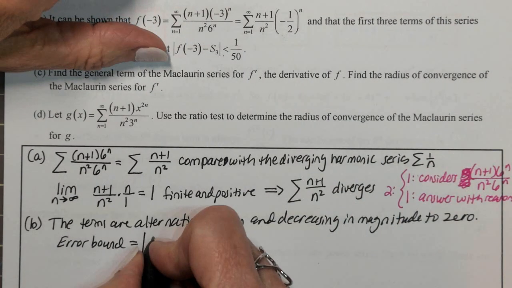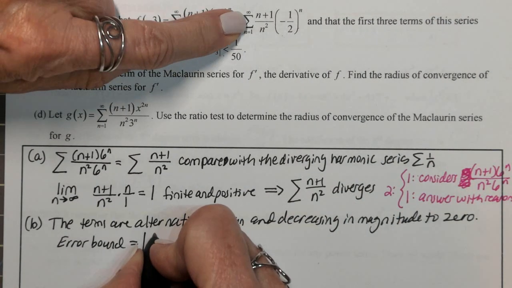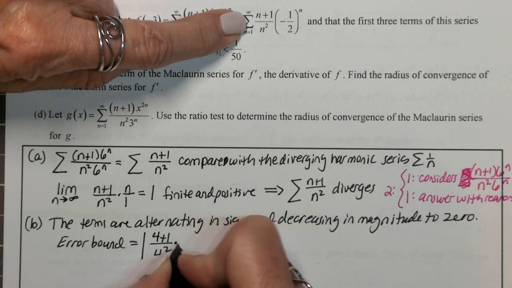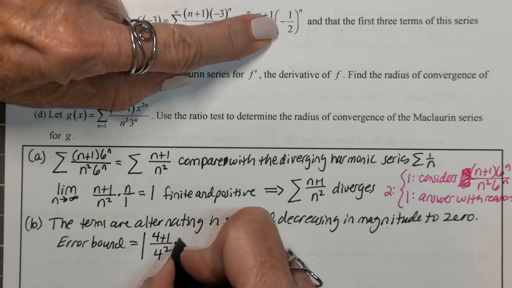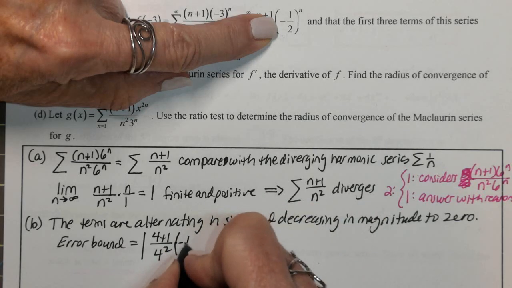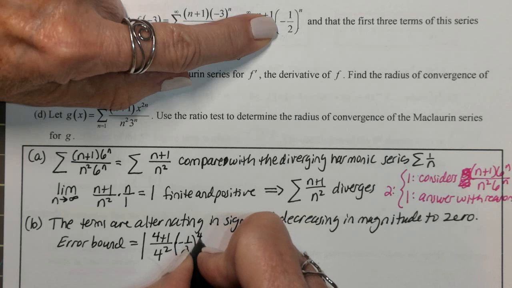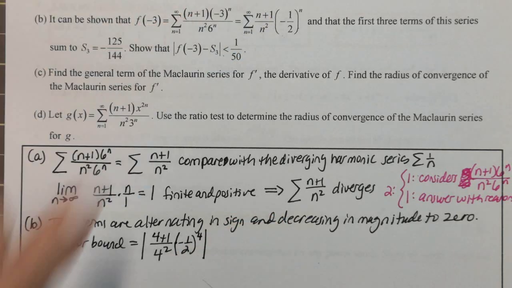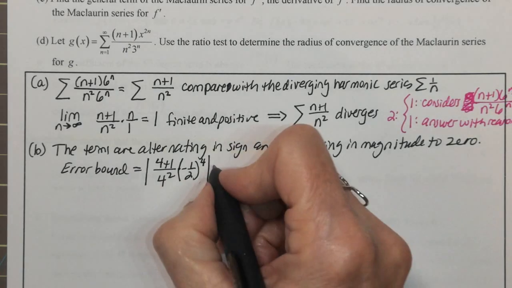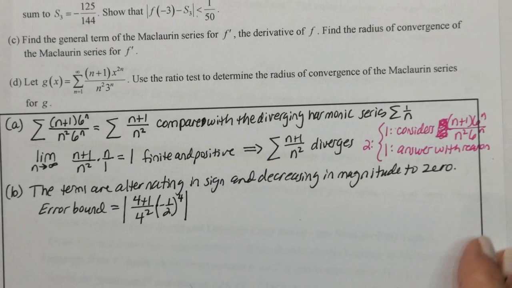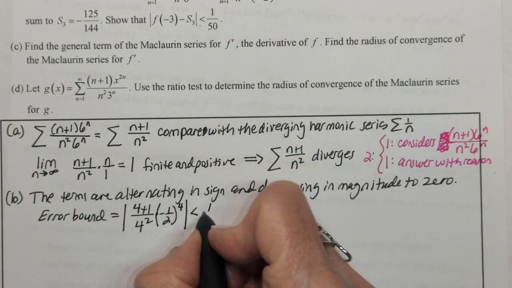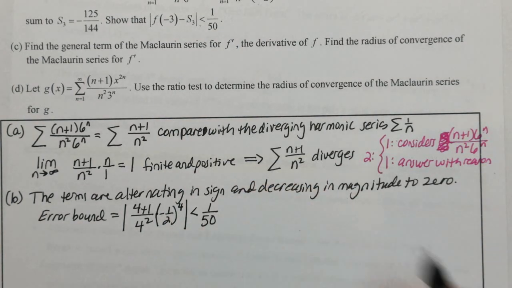Okay, so n is 4, so we'll have 4 plus 1 over 4 squared times negative 1/2 to the 4th power. We don't need that negative in there with the absolute value, and with the 4th power you don't need that negative in there. And then they tell us to show that that is less than 1 over 50, so we write less than 1 over 50.